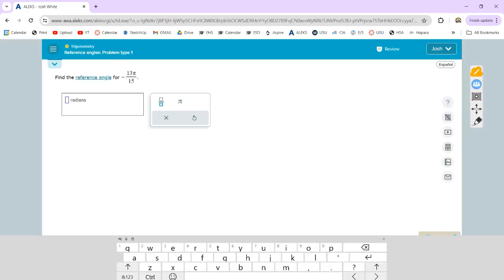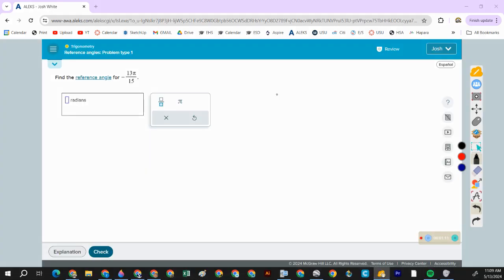All right, reference angle for negative 13 pi over 15. Where is negative 13 pi over 15? It's going to be in this direction. And 13 over 15 is almost 1. So this is pi, also known as 15 pi over 15.